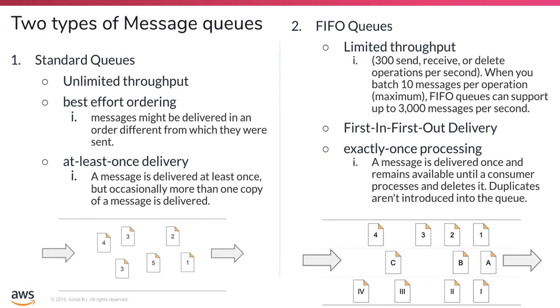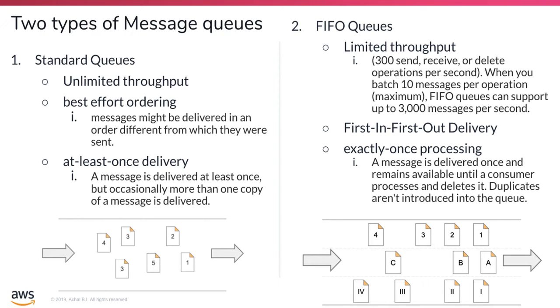FIFO means first in, first out delivery, so it believes in ordering of the messages. All the messages are processed in order, and it provides exactly-once processing, which means a message is delivered once and remains available until a consumer processes and deletes it, and duplicates aren't introduced in the queue.